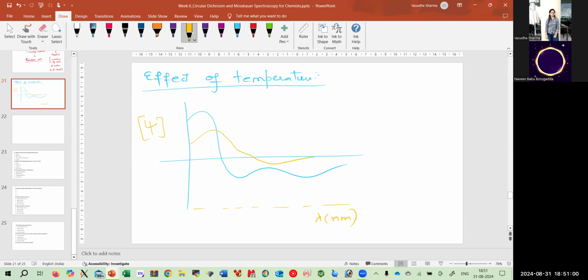So now what I'm saying is that this is the alpha helix. But if I redraw this one, I'm saying it's a mixture of both alpha helix and beta sheet, but beta sheet is the majority.